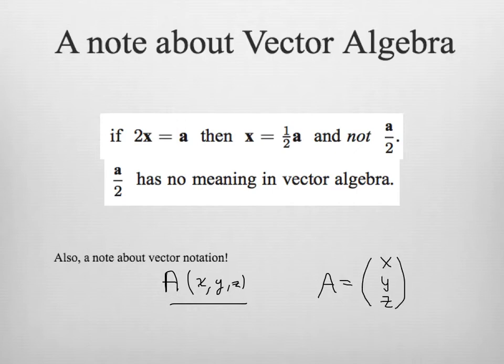This over here is the vector notation, and to not get confused, you should always write that. This represents a point, this represents a vector. So if I write it like this, recognize it's a vector. On your test, please don't write this as a vector, because that's a point. All right.